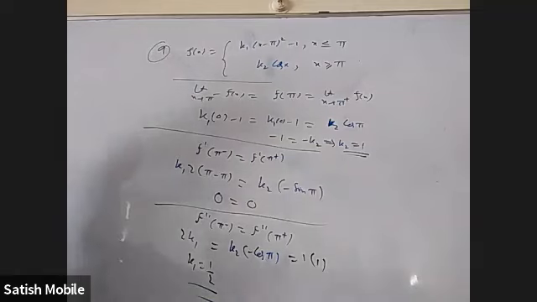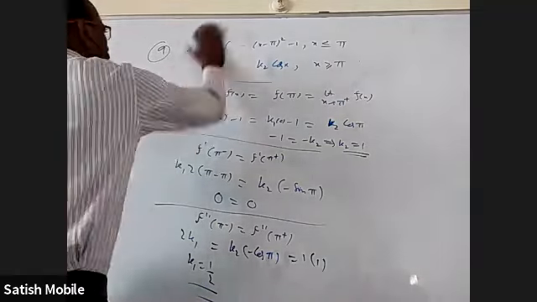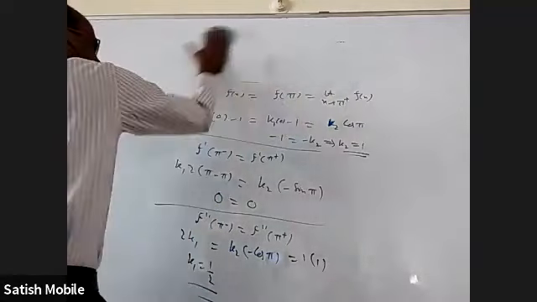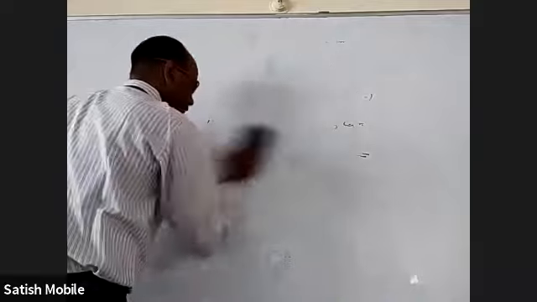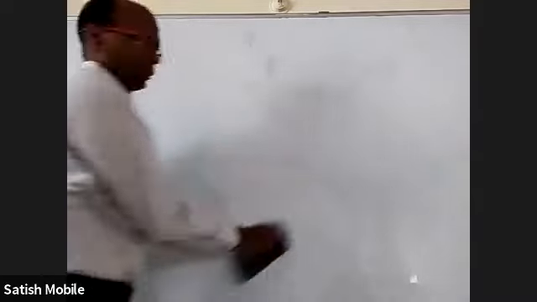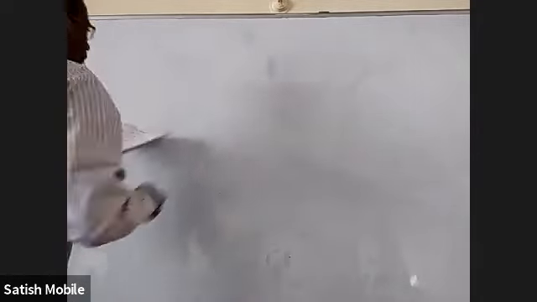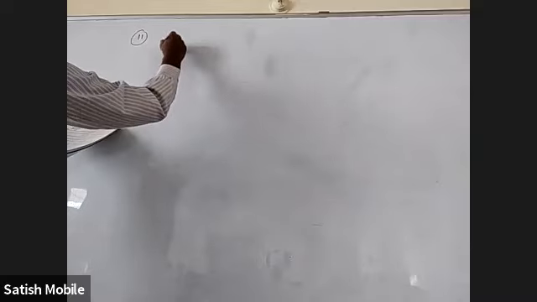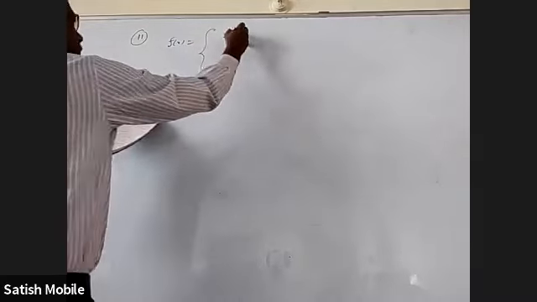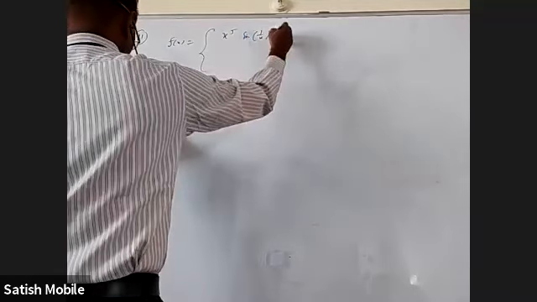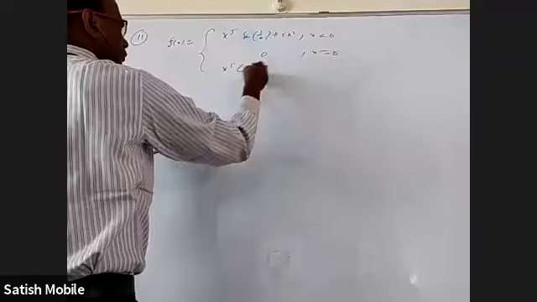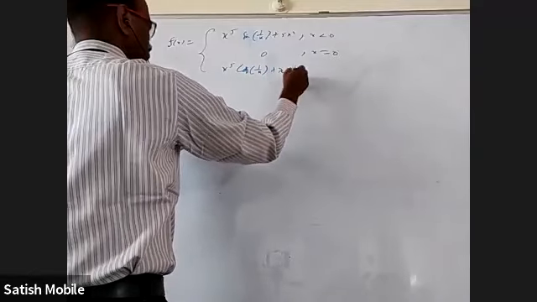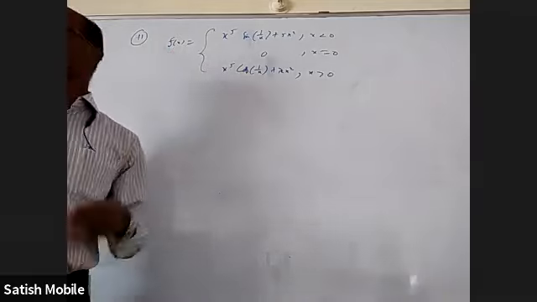All right, ninth one. They're asking what is the value of lambda so that for this the second derivative at 0 exists.